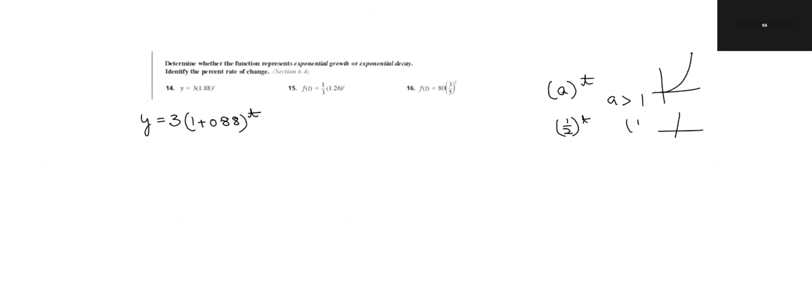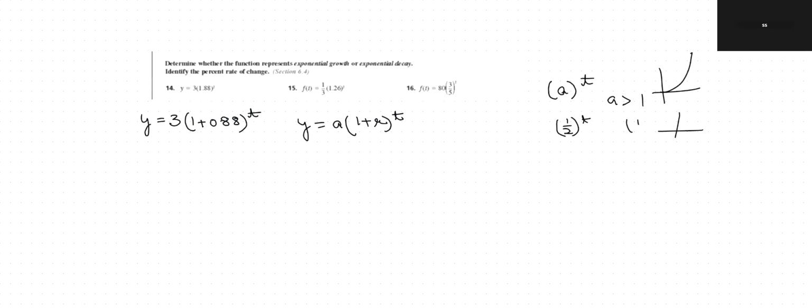It is greater than 1. The formula here is in the form of y is equal to a times (1 plus r) to the power t, where a is the principal. R is the rate, the rate of change. So here the rate of change is 0.88.